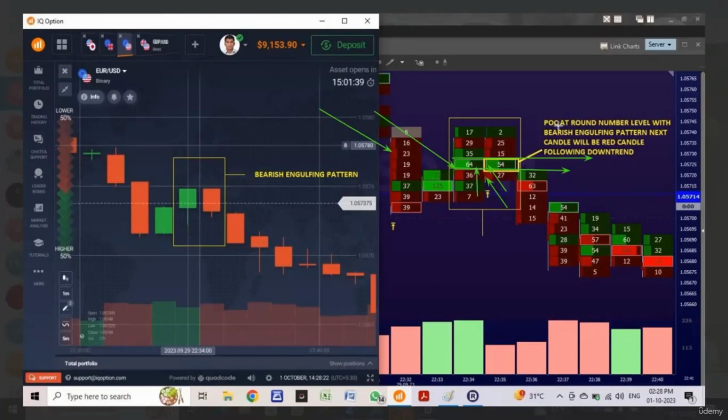How do we place our trade? Definitely we have to observe where the previous level is. That is this one, a round number level from which the market got rejected. When this candlestick closes above, or exactly touches this level or goes a little above, we can place our trade here in the downward direction. The market will definitely fall down.